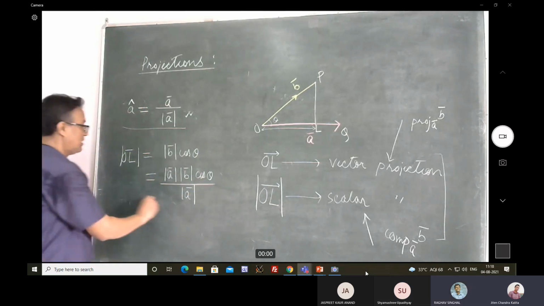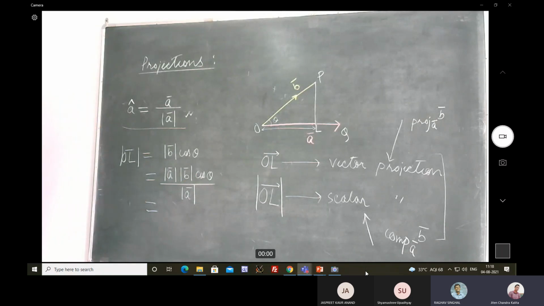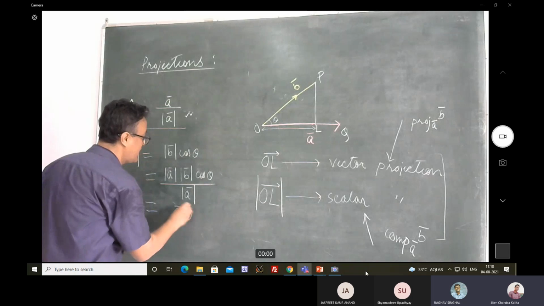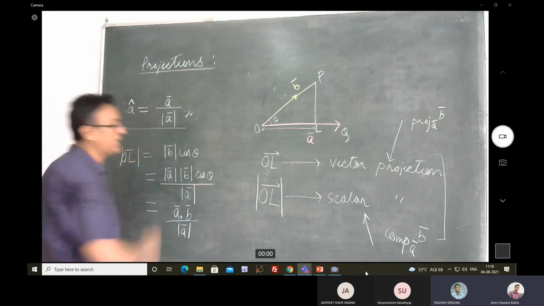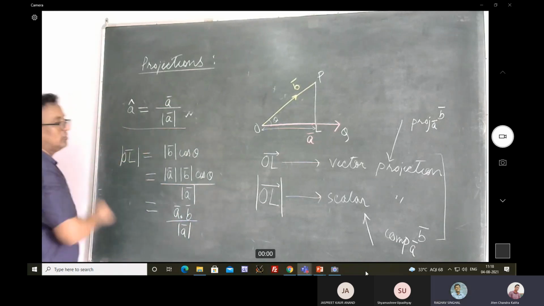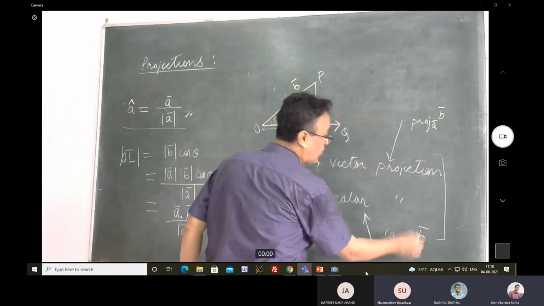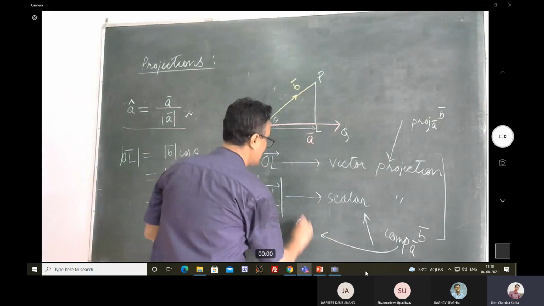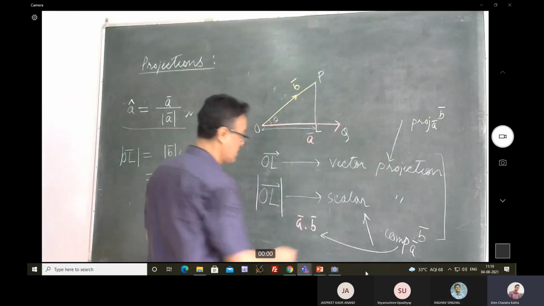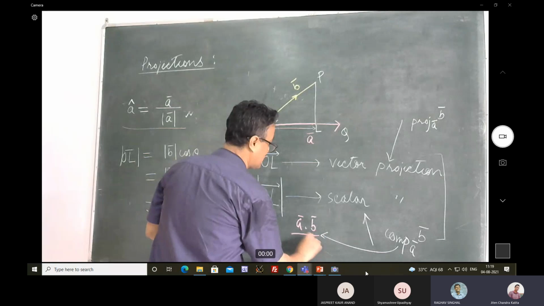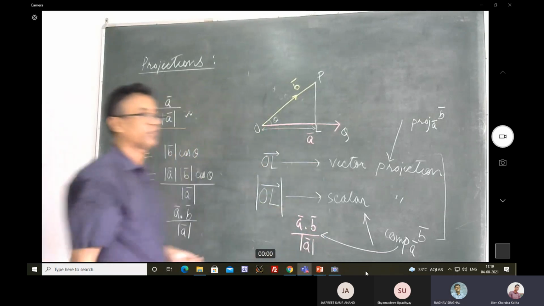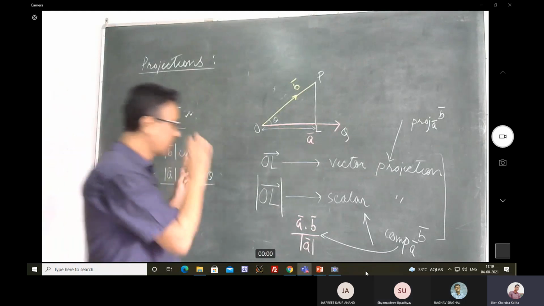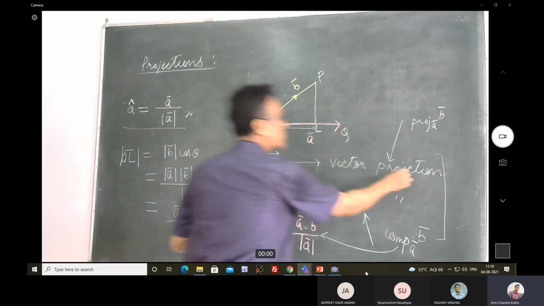And what is the numerator here? This is simply the dot product of A and B. Right? So now you have got the formula for component of B over A. So this is simply A dot B over mod A.